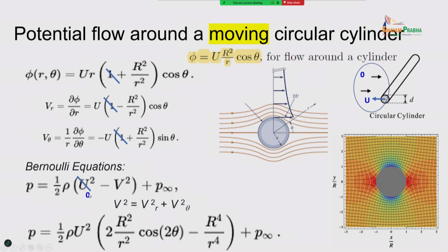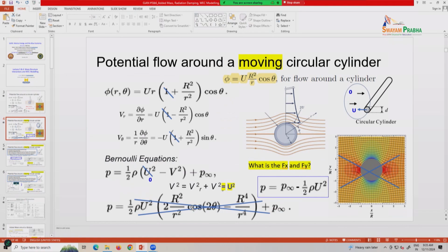In the Bernoulli equation, at the infinity location the velocity is 0, right? And V_R is this V already. Therefore, you plug into the system, and you will find this V_R squared and this V theta squared.